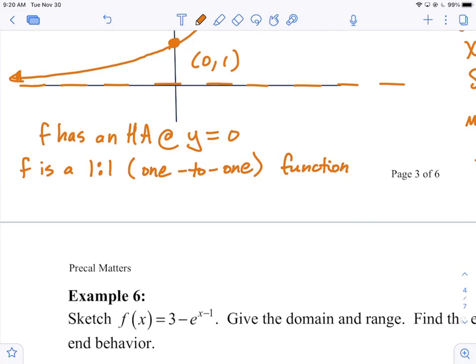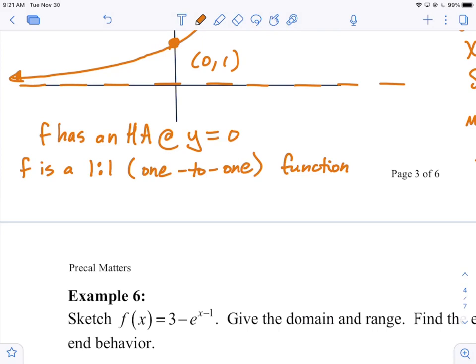So to be a function, the x values have to be faithfully monogamous to the y values. But the y values can see other x values on the side, right? So that's not one-to-one. Now you can assign gender roles to those if you want. I don't know. But to be a one-to-one function, for every x, there can be no more than one y, and for every y, there can be no more than one x.